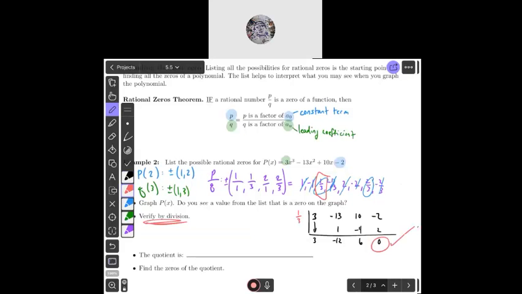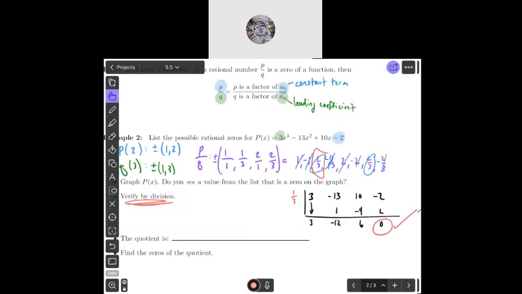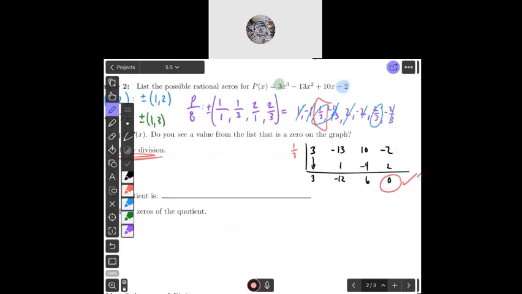Okay, so what's the quotient? What's left? There's our constant, there's our x squared. So I got 3x squared minus 12x plus 6.